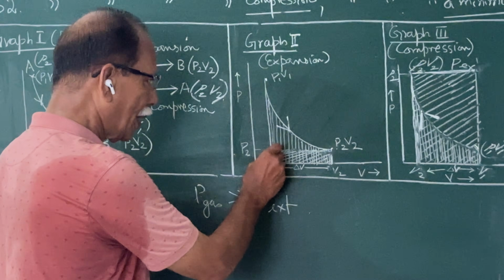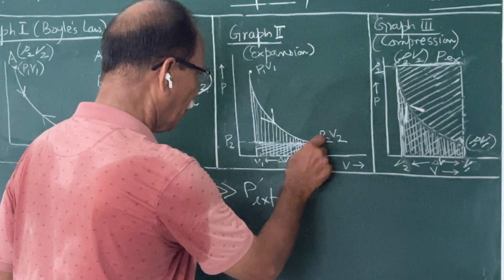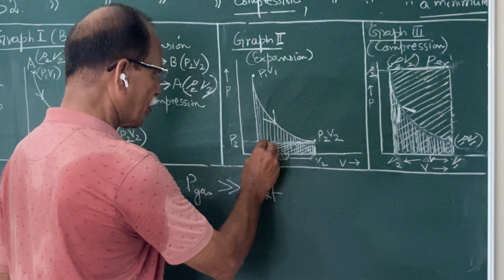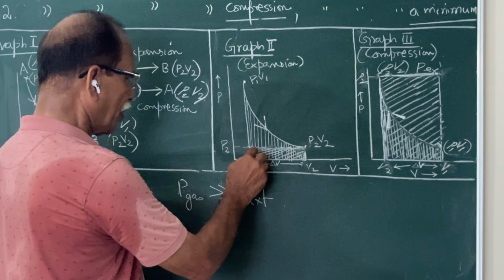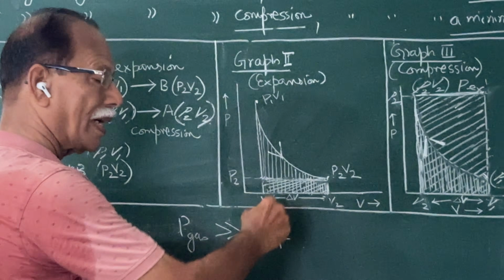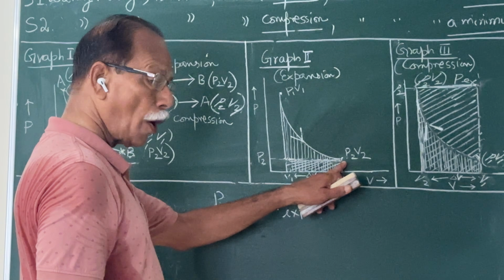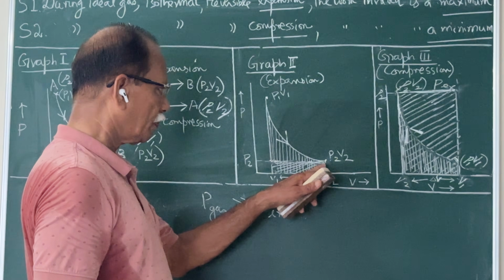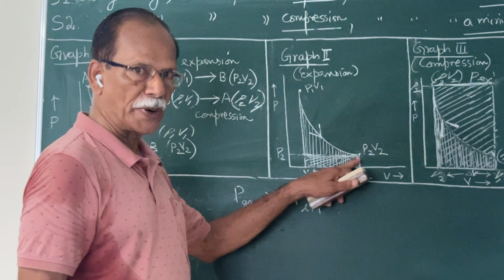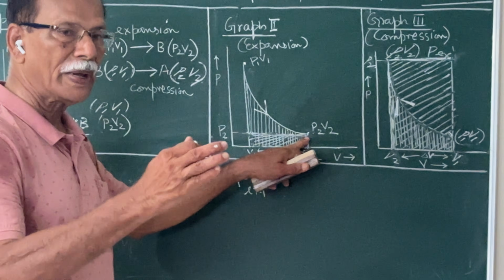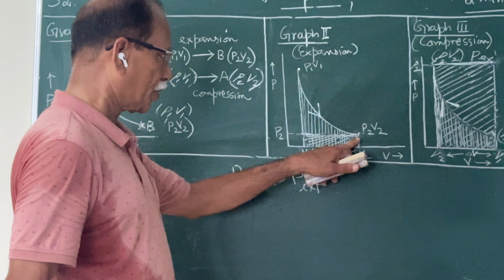So, all along the irreversible expansion, the external pressure remains constant at P2, and up to the last point, the external pressure and pressure of the gas are widely different, and the process stops when the pressure of the gas also becomes P2, the external pressure. When two forces become equal, the process stops.